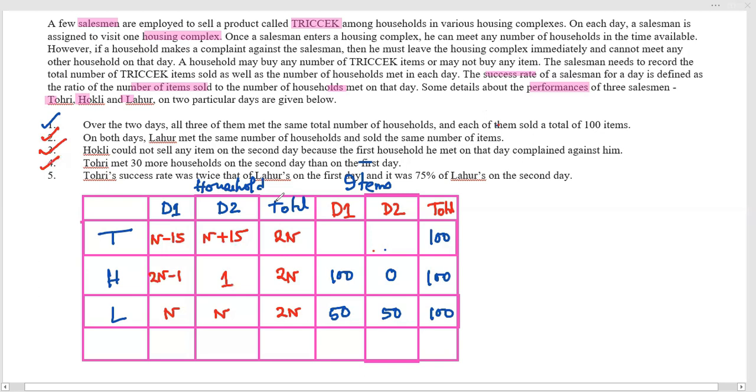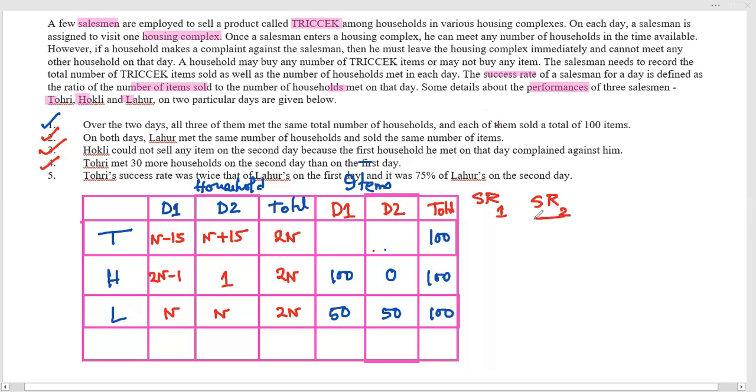Now it's talking about the success rate. Tori's success rate was twice that of Lori's on the first day. Lori's first day success rate is what? So success rate on day 1 is SR1 and on day 2 is SR2.